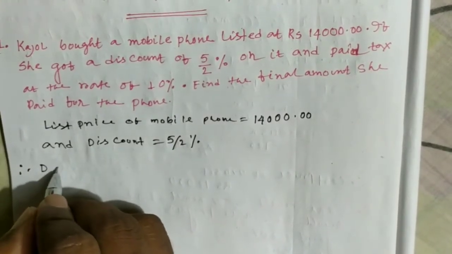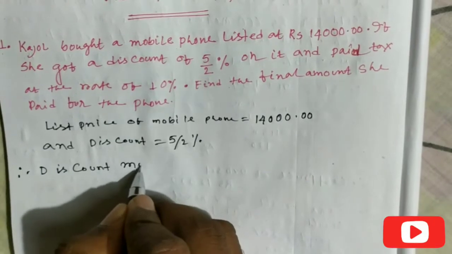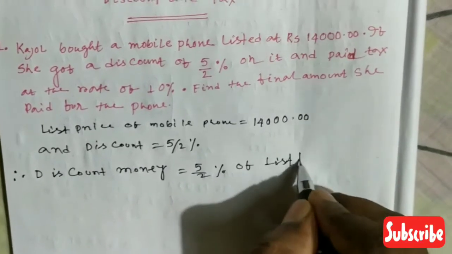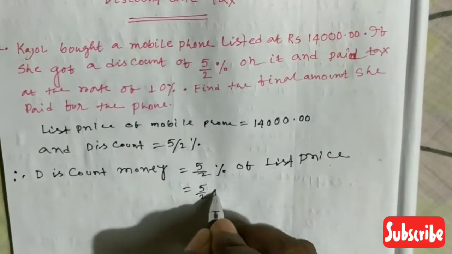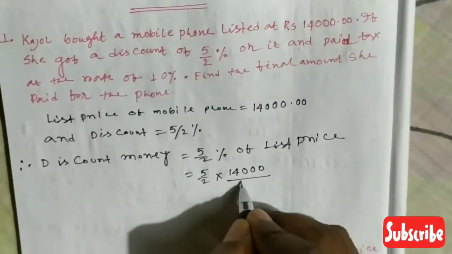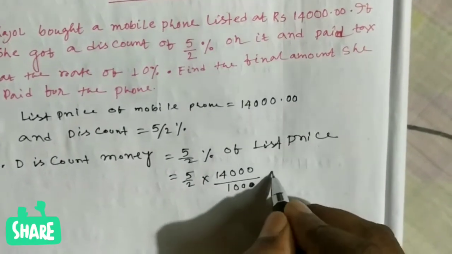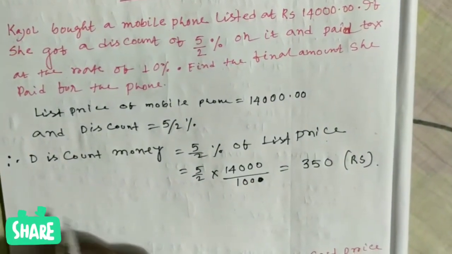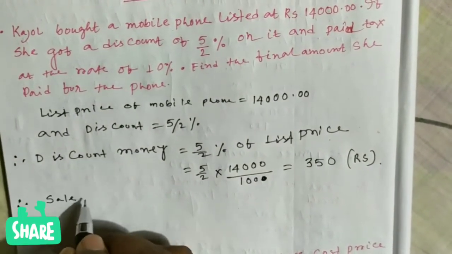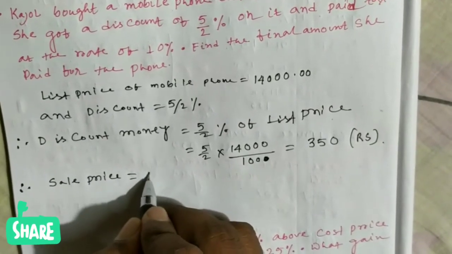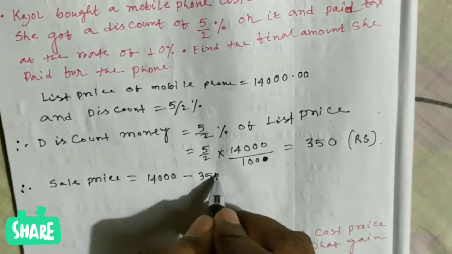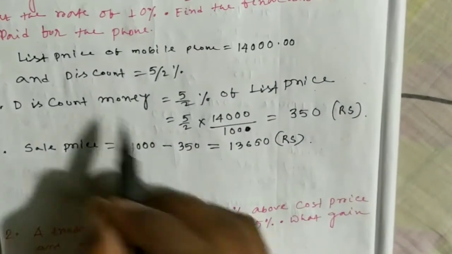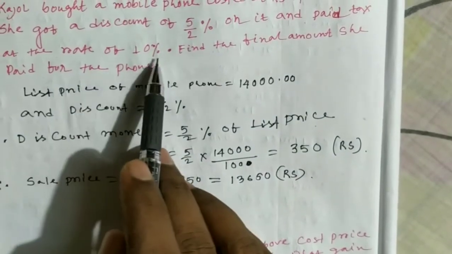Therefore, sale price is equal to, and then he paid tax at the rate of 10%.